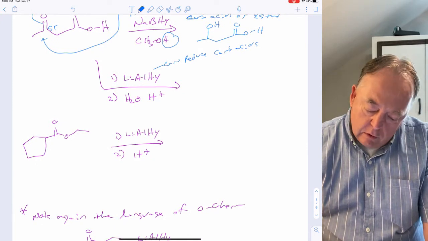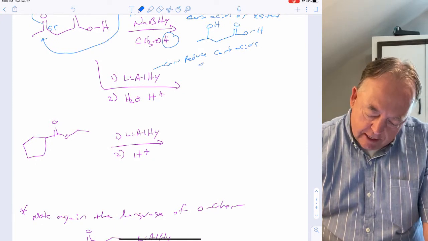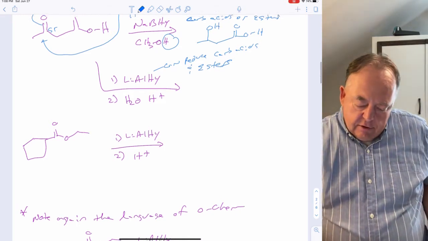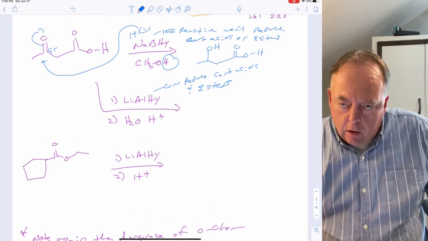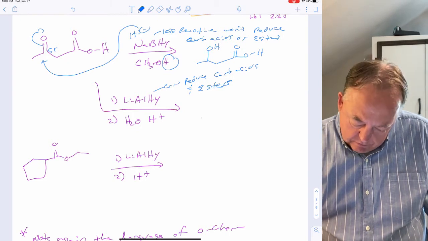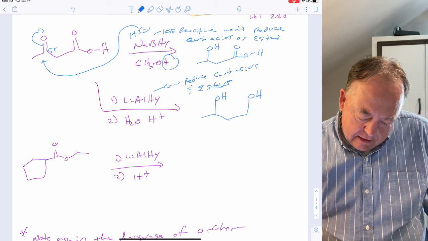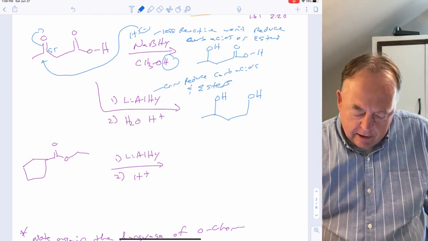But lithium aluminum hydride can reduce carboxylic acids and esters. So it will reduce them all down to alcohols. So the ketone is going to become an alcohol, and the carboxylic acid is going to become an alcohol.